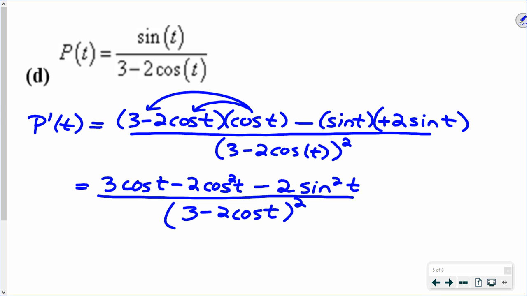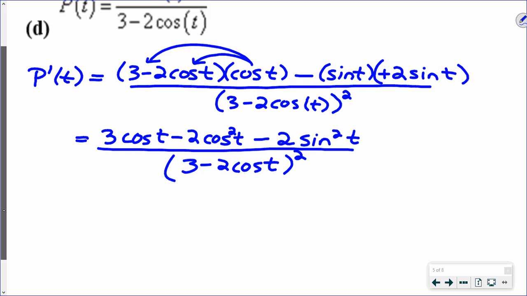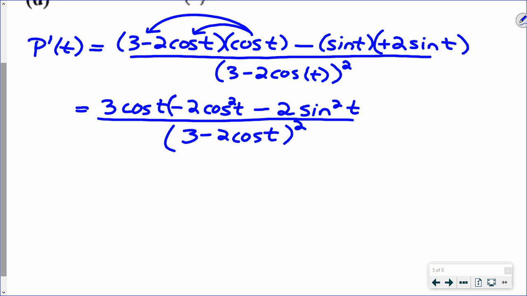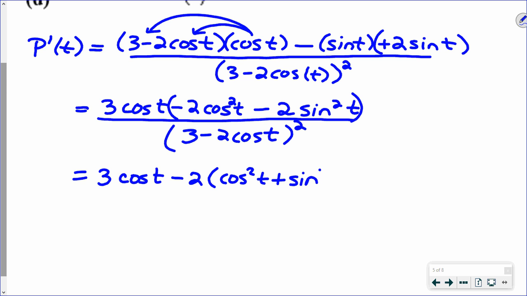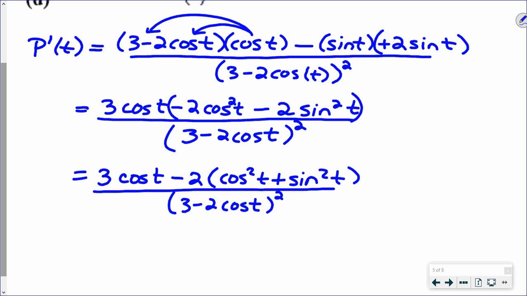We maybe could simplify this one a little bit with our Pythagorean identity. I am kind of noticing if I group these two terms together, I could factor out a -2, and that would leave me with 3 times cosine of t minus 2 times cosine squared t plus sine squared t, all over 3 minus 2 times cosine of t, all squared.